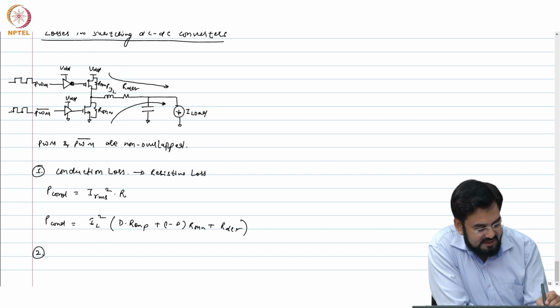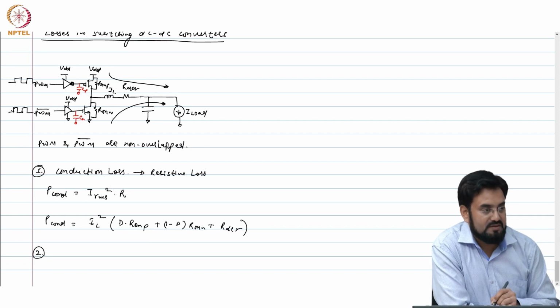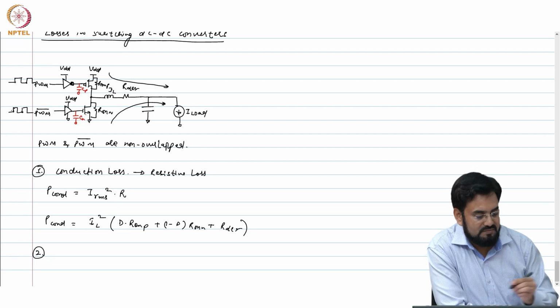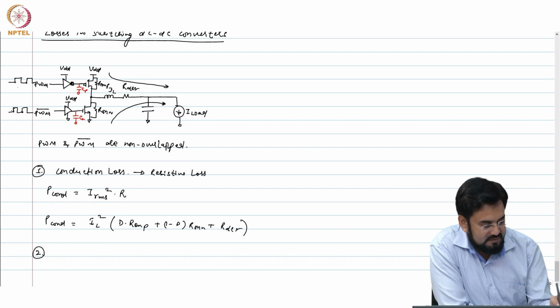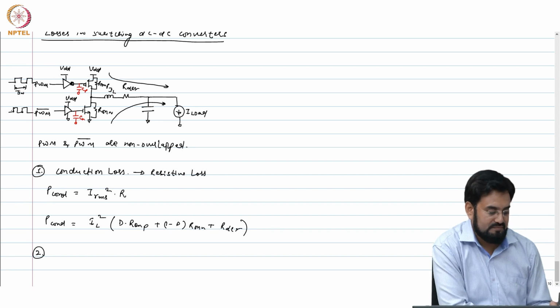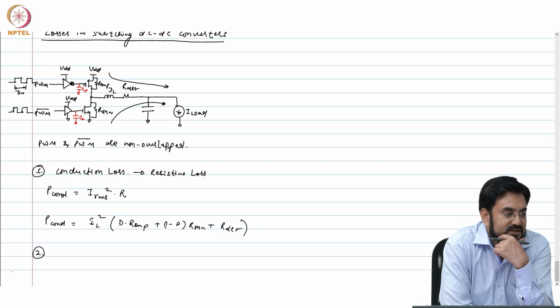So let's say this has a gate capacitance CP, and this is a period of TSW. So what is the loss due to this switching? The gate.